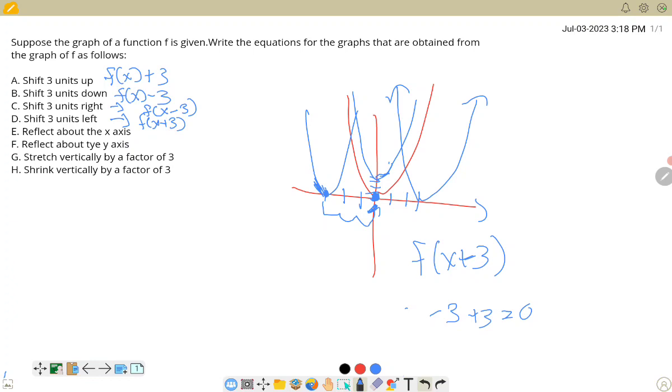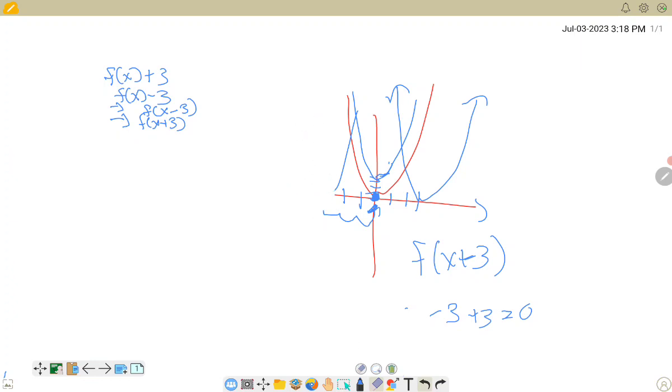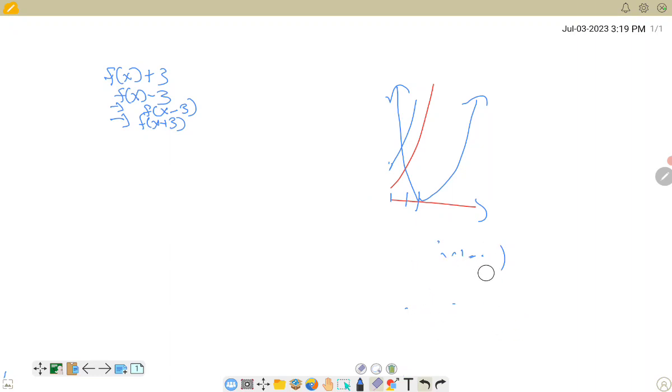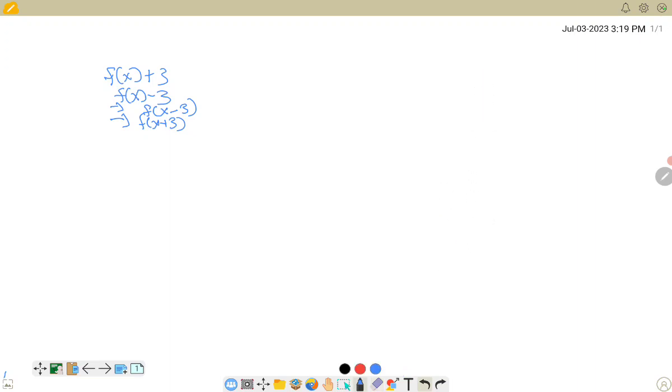How about reflecting across one of the axes here? So let's just erase this for a moment and we'll come back to it. We have this, and then we have our nice little function here. And we want to reflect this, so we want to think of this as going in a mirror, and we want it to come down here.